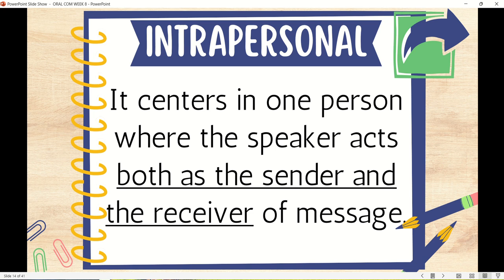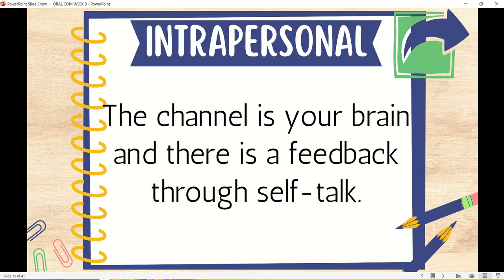This is usually done without the presence of other people, since if the others are watching you talking to yourself, then maybe they will get puzzled or they will just laugh at you. So in intrapersonal communication as well, the channel is your brain and there's a feedback through self-talk.